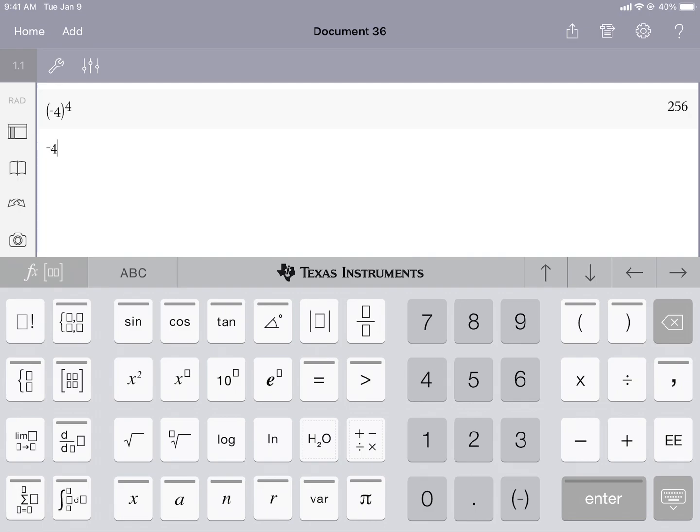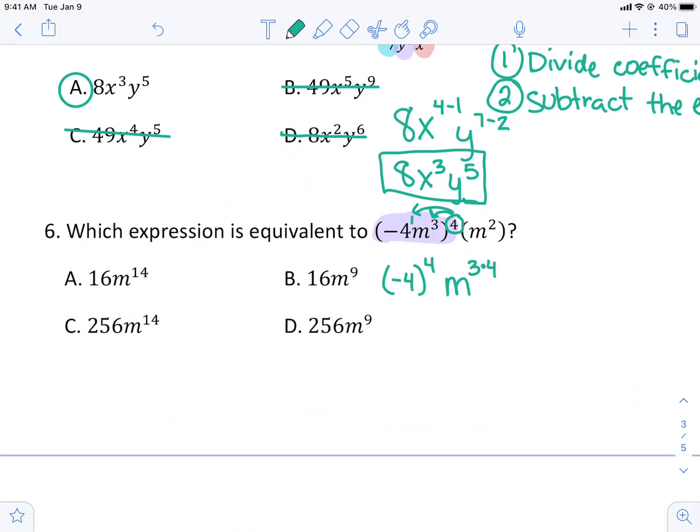If we did not use parentheses, we would get a negative 256, and then you would be asking, why did I get a negative and there's not a negative answer choice? So make sure you always use parentheses when we're talking about raising negative numbers to an exponent.